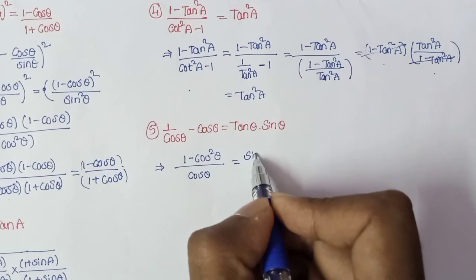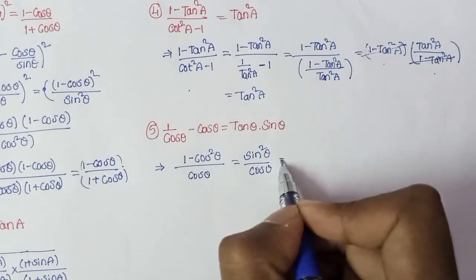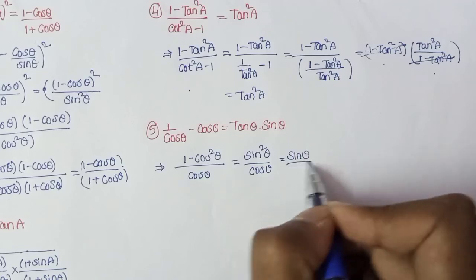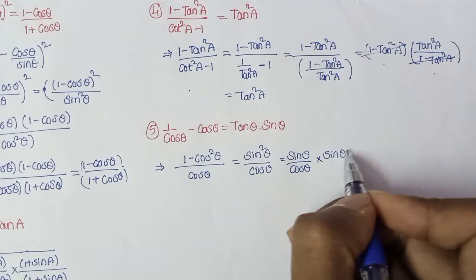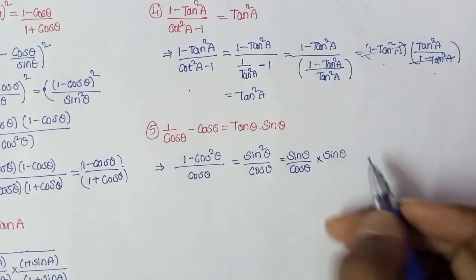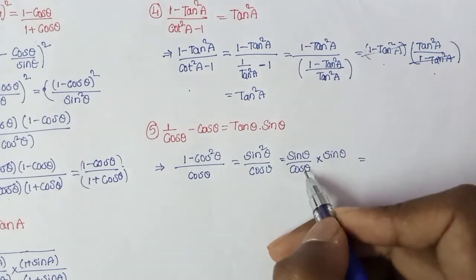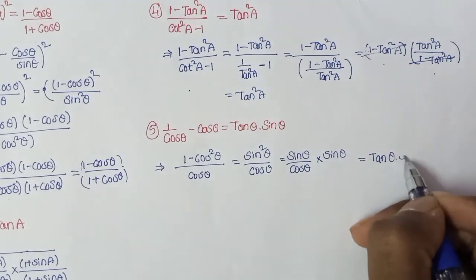It is sin square theta. So sin square theta by cos theta, which we can write as sin theta by cos theta into sin theta.